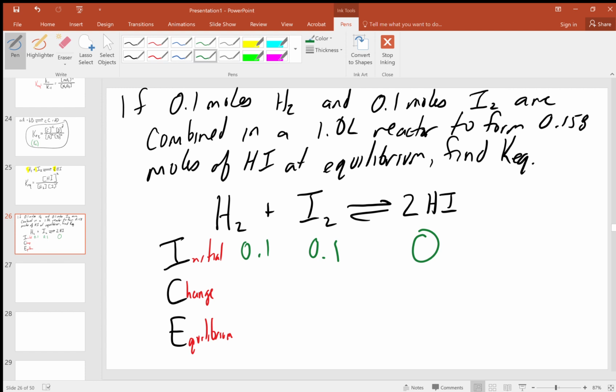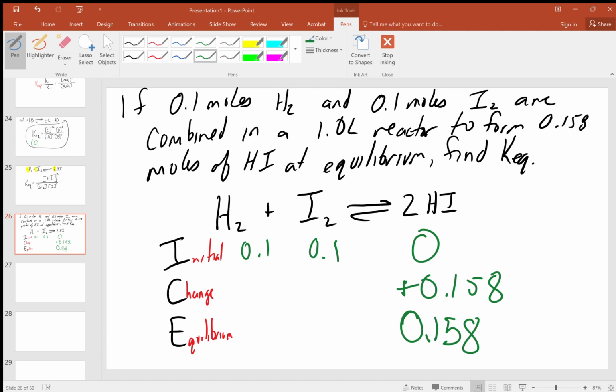Now we ended with 0.158 of the HI. So how much did it change by? It went up by 0.158. Now where did that 0.158 come from? Well, it had to come from the starting materials.